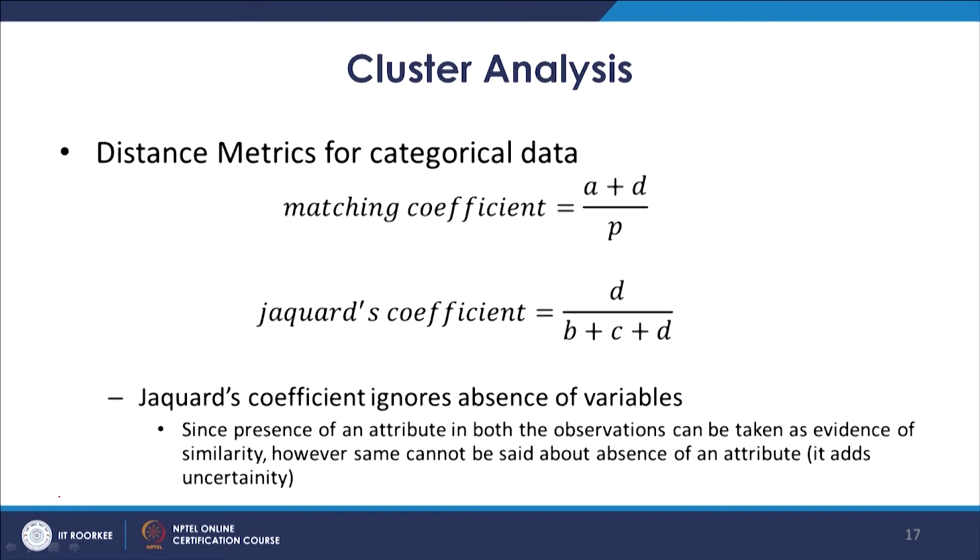If we focus on the numerator part, in the numerator we have A plus D. A indicates the number of attributes which are absent for both the observations, and D indicates the number of attributes which are present for both the observations.